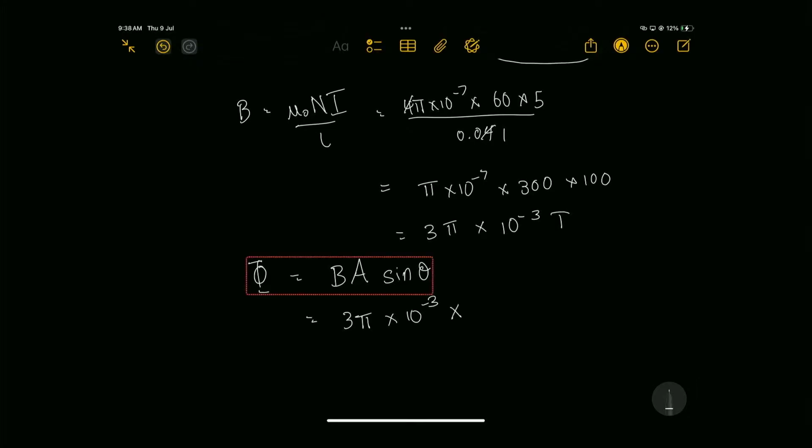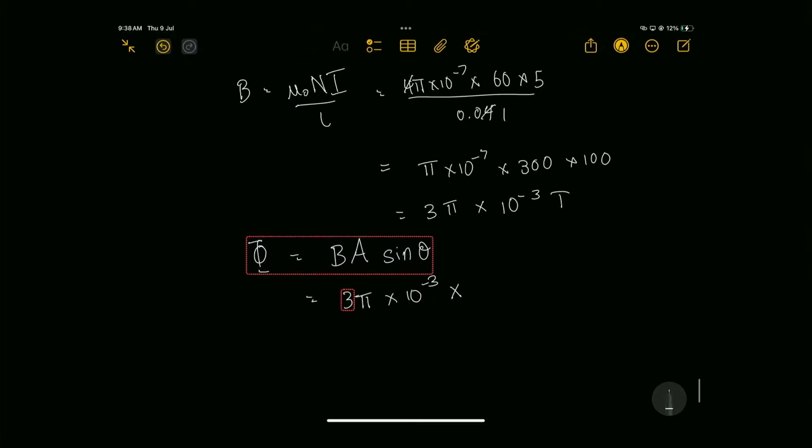Now the area, we have to use the cross-sectional area. So the cross-sectional area is equal to pi r squared, which is 3 pi by 10 to the negative 3 multiplied by pi multiplied by r squared. Now the radius is 2 centimeters, but to calculate phi in Webers, we need to have the radius in meters, right? So we convert this to 0.02 squared, right?